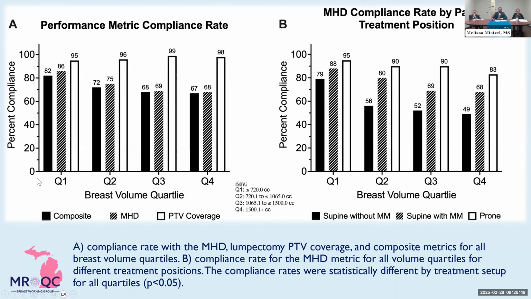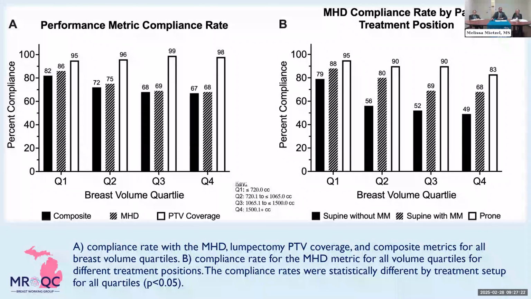The y-axis is the percent compliance, the percent of patients that meet the different metrics of interest. The black bars show the composite metric, meaning the rate of patients that met both the mean heart dose and the PTV coverage metric. The hashed bar is just for the mean heart dose, and the white bar is for the PTV coverage metric.